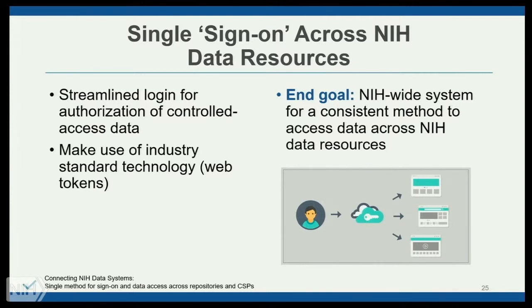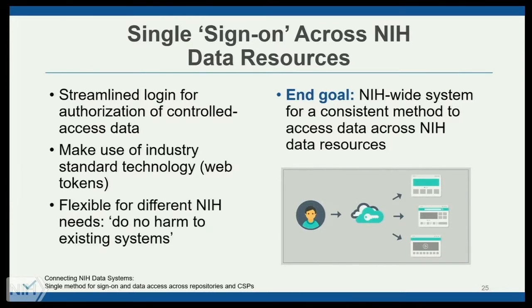We'll be making use of industry standard technologies, and the reason is because you all have invested a lot of money in your resources, and you have a whole pipeline of what's happening there, and we cannot do any harm to what you've done. So we're developing technologies that are fairly lightweight and simple, and that more or less float on top with minimal and invasive computational engineering, so that you can have the resources that you know and love, but also have access to other resources.